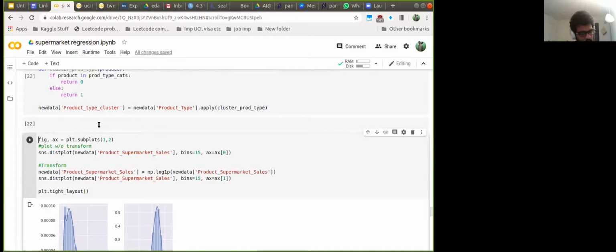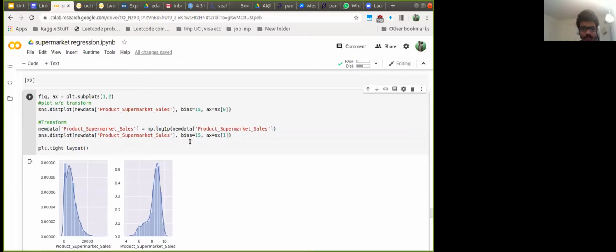Now for the really cool stuff. Like I mentioned earlier, the product supermarket sales, the target output, had a skew and we want to remove the skew. So what I've done here is apply a logarithmic transformation.